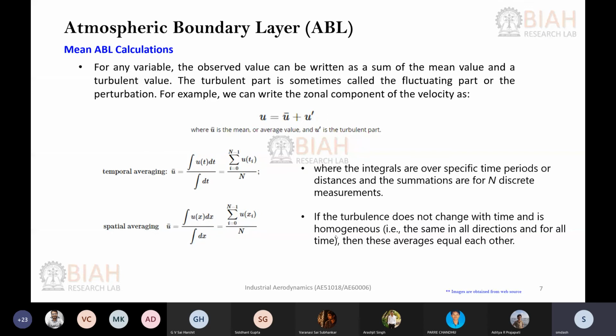If the turbulence is homogeneous, then you may get these two averages to be equal. These quantities are important because there could be several derived quantities. Mostly in aerodynamics we see different quantitative figures, and those you can derive using this kind of averaging.